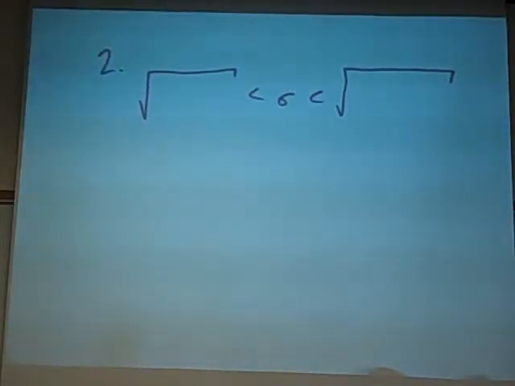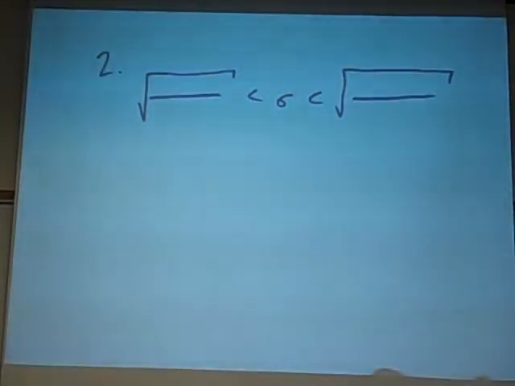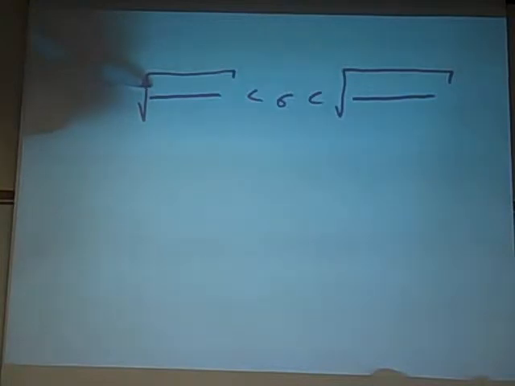Okay, so when we do this confidence interval, we're going to have a left and a right endpoint. The numerator is going to be the same for both of them. It's going to be n minus 1.